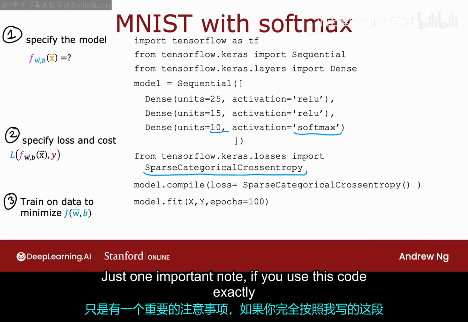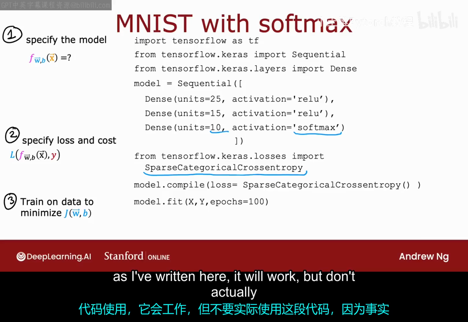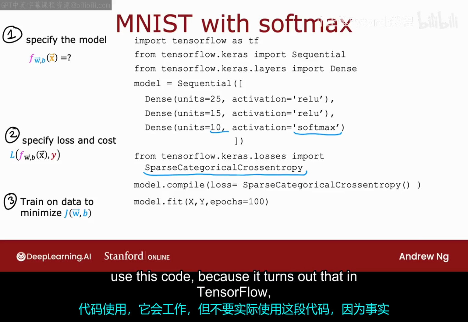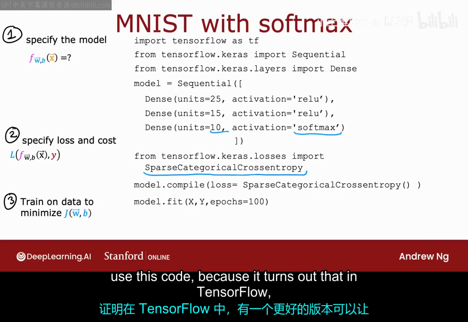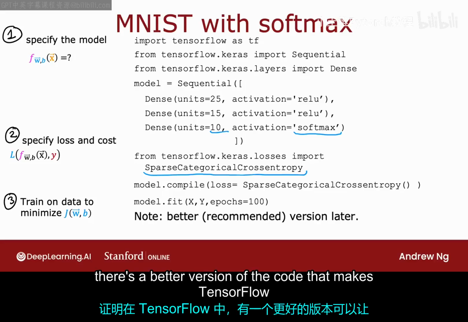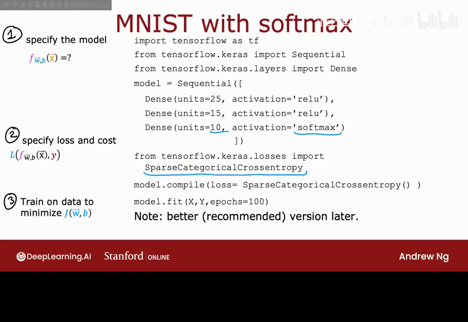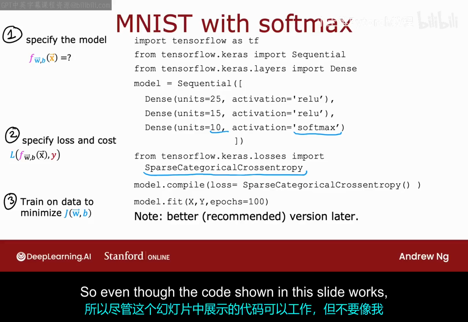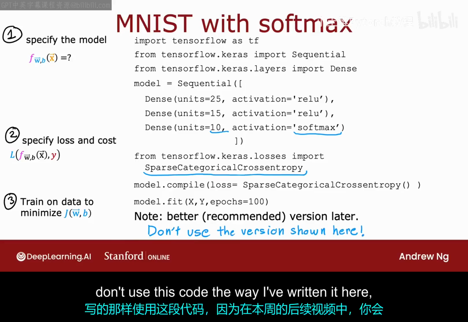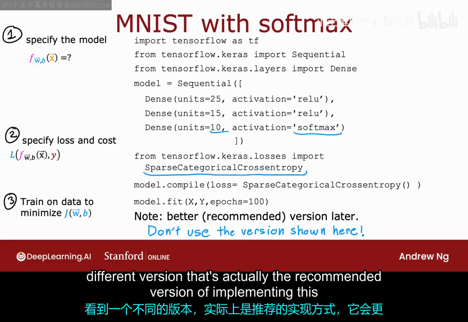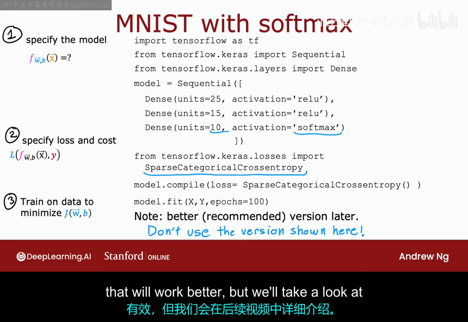Just one important note. If you use this code exactly as I've written here, it will work, but don't actually use this code because it turns out that in TensorFlow, there's a better version of the code that makes TensorFlow work better. So even though the code shown in this slide works, don't use this code the way I've written it here, because in a later video this week, you see a different version. There's actually the recommended version of implementing this that will work better.